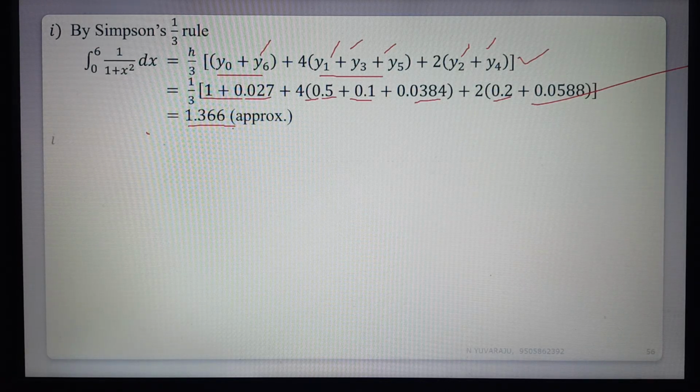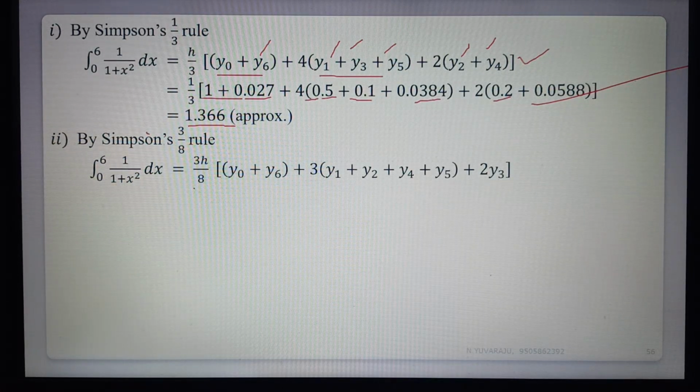Next, the Simpson 3 by 8 rule formula: 3h by 8 into y0 plus y6 plus 3 into y1 plus y2 plus y4 plus y5, plus 2 into the multiple of 3 ordinate, which is y3. Keep only y3 for the 2 times term; y0 and the last value y6 are already included.